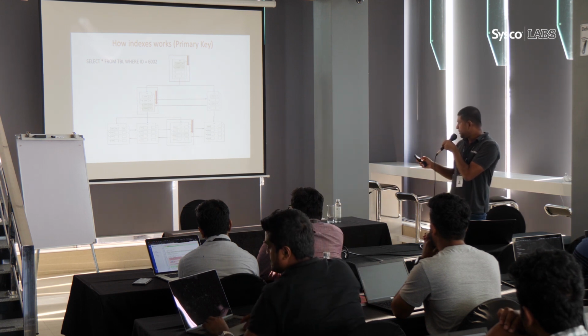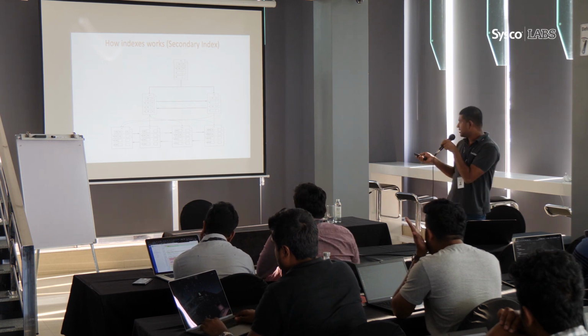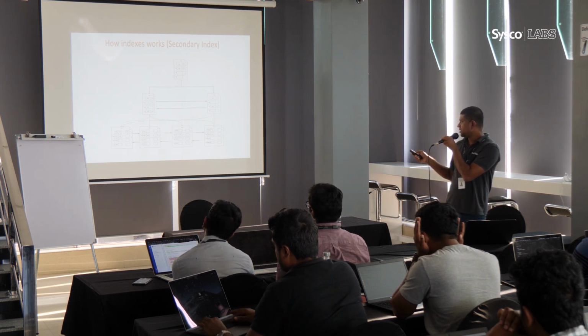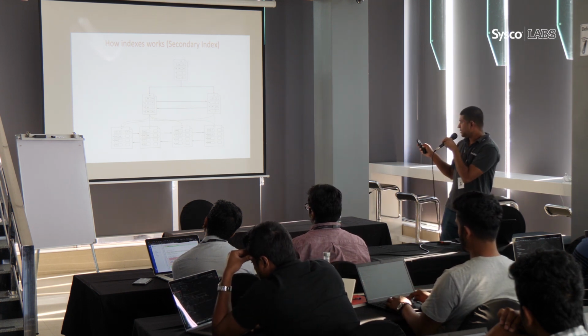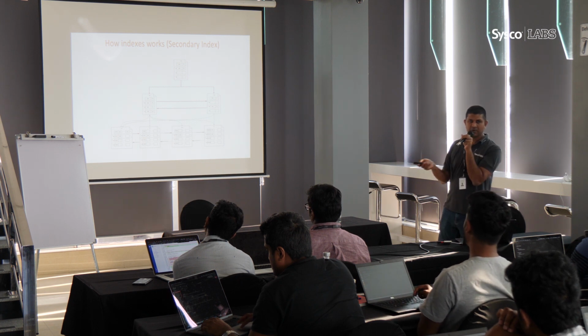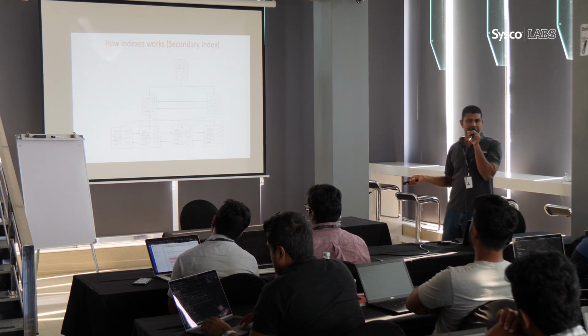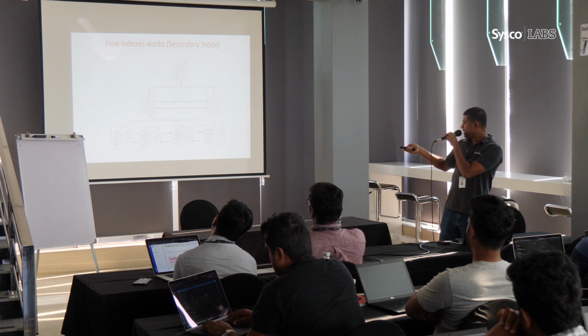In the case of secondary indexes, the difference is it doesn't sort the records or actual data page files according to the index. Instead, it has links to where the records actually are.